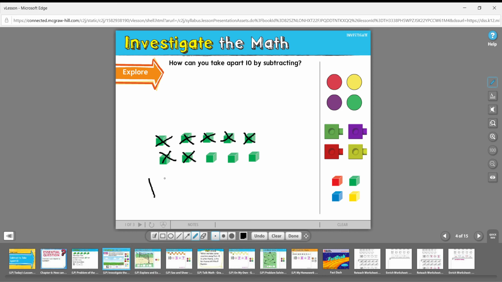How about that? 10 minus, how many did I X out? 1, 2, 3, 4, 5, 6, 7. 10 minus 7 equals, how many are left? 1, 2, 3. So there's lots of different ways to take apart 10 by subtracting, and we're going to practice some of them today. So let's move on to the first page.